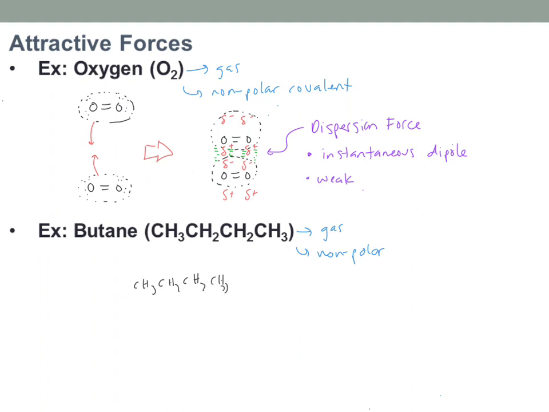If I bring two of those molecules together, we get the same effect. We can get that same sort of lopsided electron cloud situation that we had above with the O2s. So a partially positive bottom part here, partially negative top part here. I've just put in all these dipoles for you.